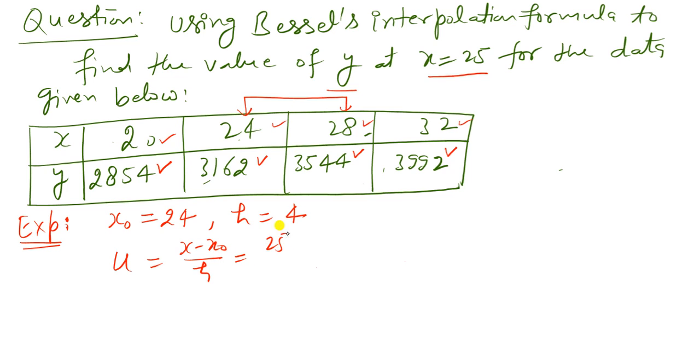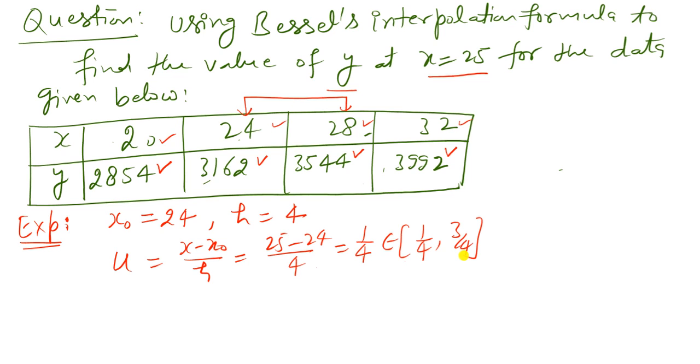X is 25, x naught is 24, h is 4, so this is 1 upon 4. So 1 upon 4 belongs to the closed interval 1 upon 4 to 3 upon 4, hence Bessel's interpolation formula is applicable.